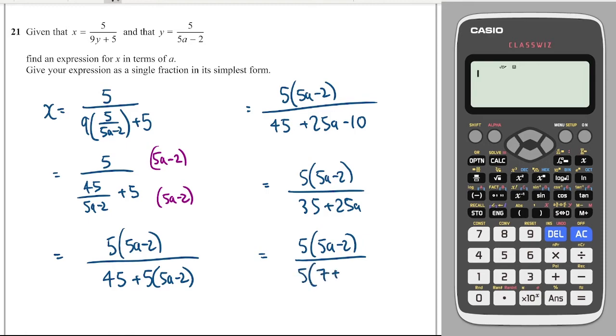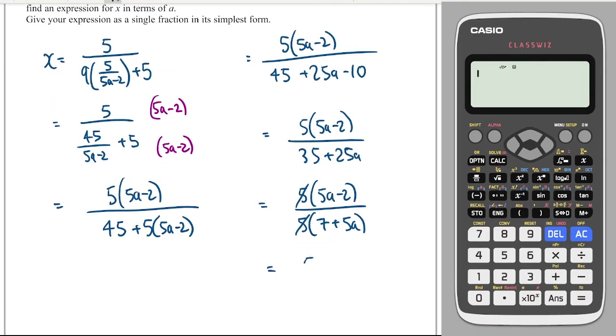So I'm going to want to cancel that out, because if you can factorize, then it means that you can simplify. And that's going to give me my final answer of 5a minus 2 over 7 plus 5a.